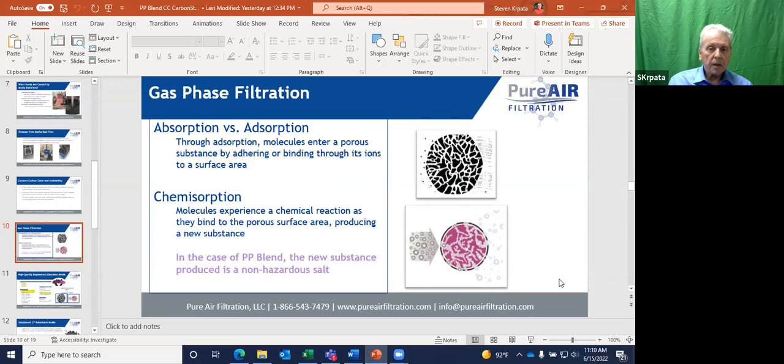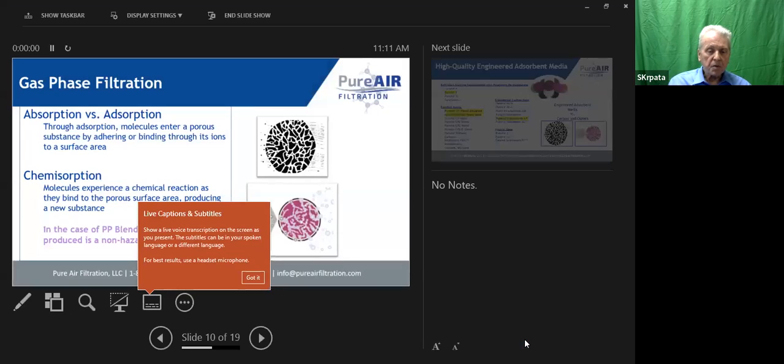Through absorption, molecules enter a porous substance, such as carbon media, adhering through their ions to a surface area. And in certain circumstances, this process can be reversed.